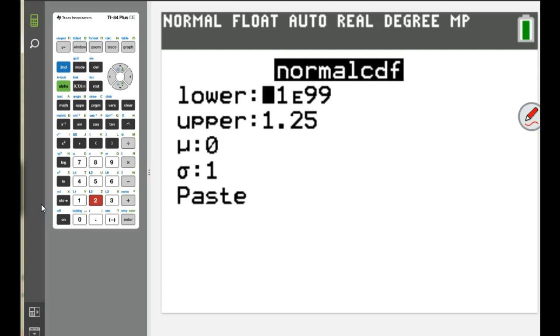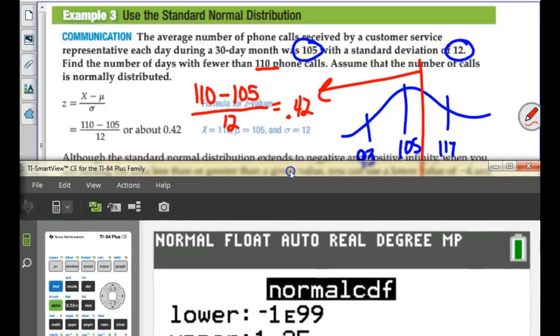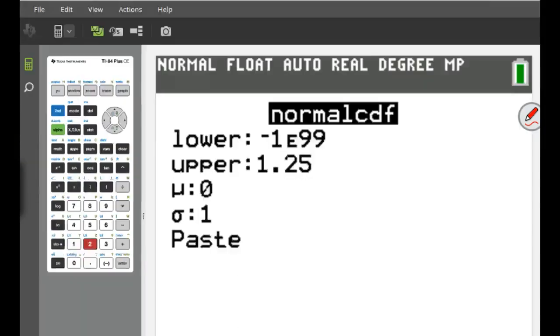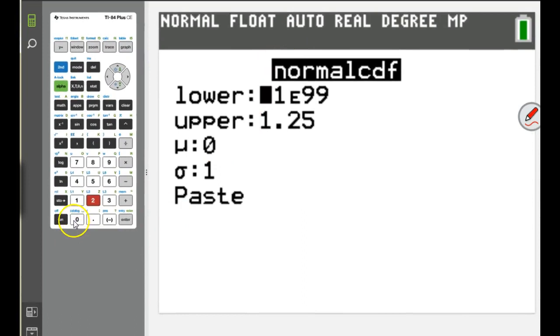All right, guys. For this particular question, we said, what's the chance that they get less than 110 calls? Well, I'm just going to put 0 here because you can't get less than 0 phone calls, right? We want up to 110. I'm not using the Z-score this time.